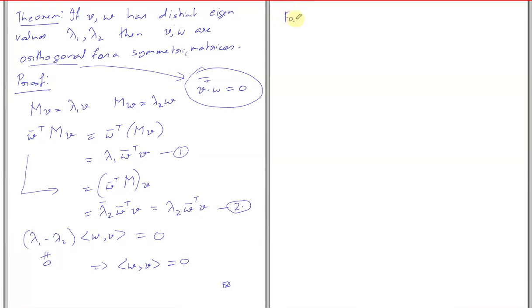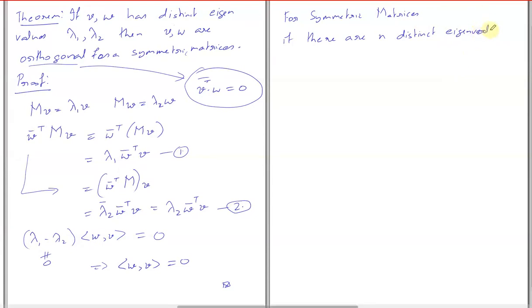For symmetric matrices, if there are n distinct eigenvalues, then there is a basis of orthonormal eigenvectors.